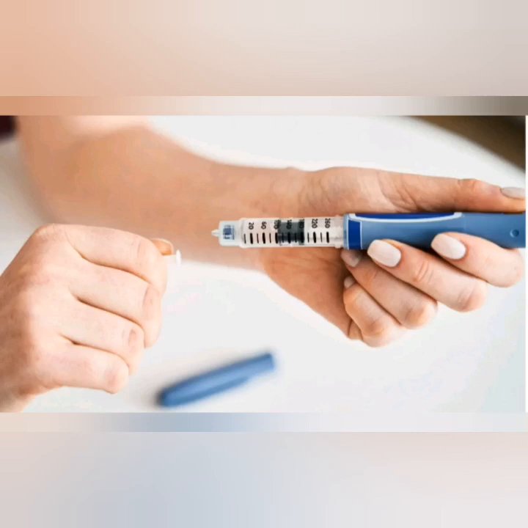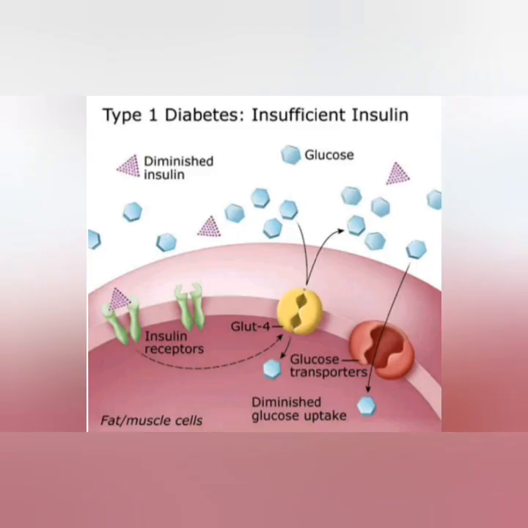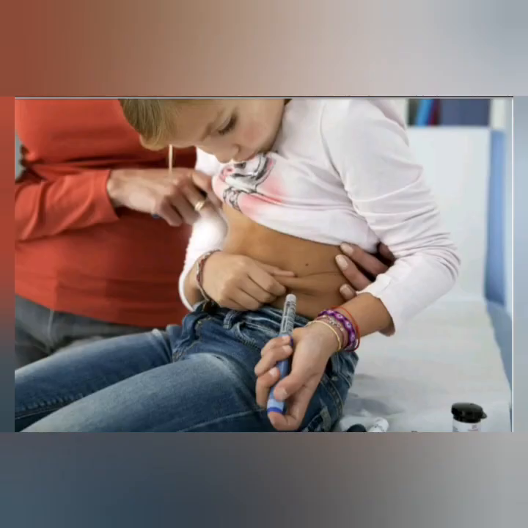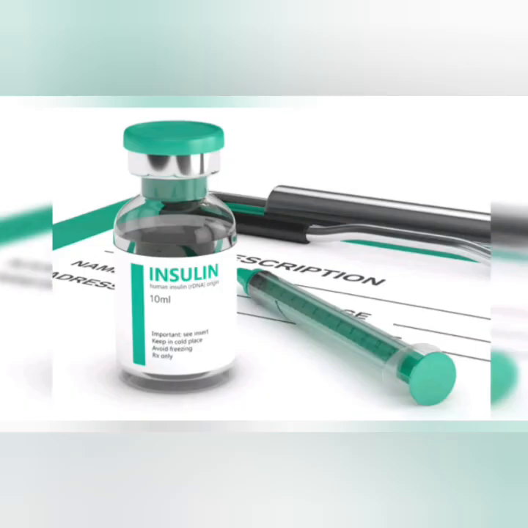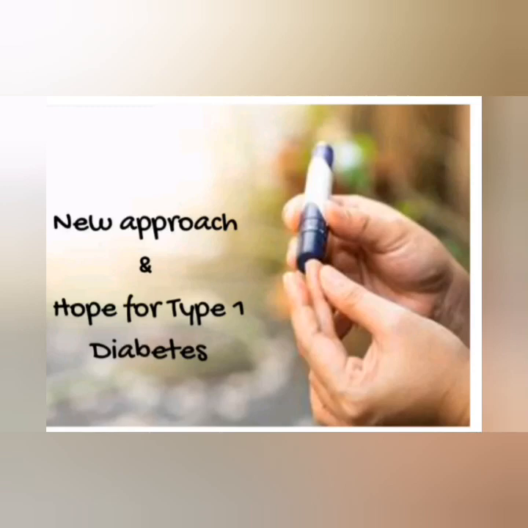Insulin aspart and insulin glulisine are examples. We have the long-acting, such as insulin glargine and insulin degludec. We have the intermediate-acting, such as isophane insulin and insulin zinc suspension.